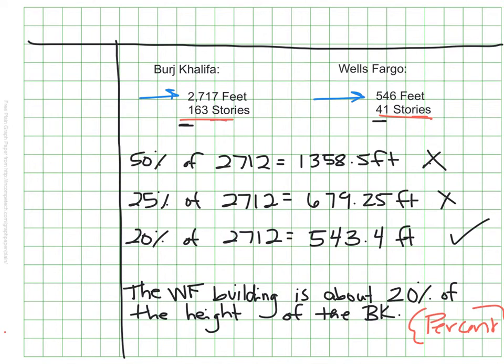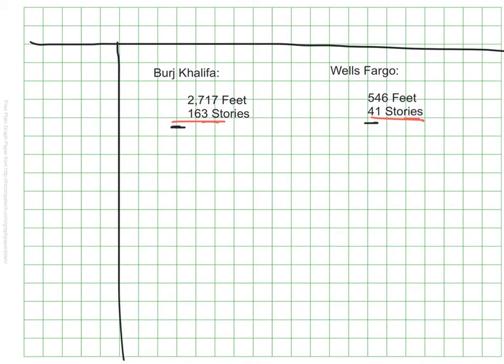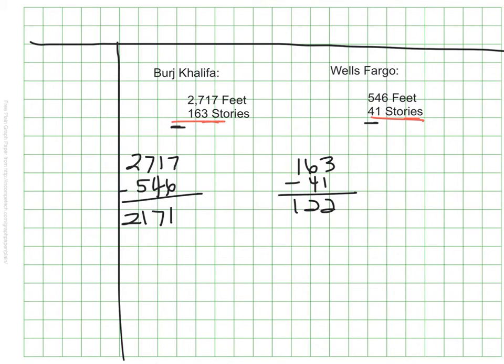So I've done ratios and percents. I can also easily compare these two buildings using differences. All this requires us to do is subtract. I took a look and I subtracted the number of feet of the Wells Fargo building from the feet of the Burj Khalifa. And I did that also for the number of stories.